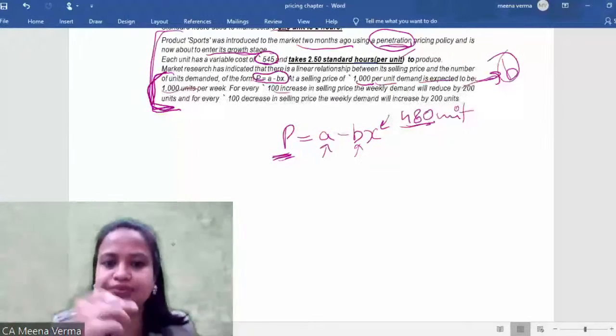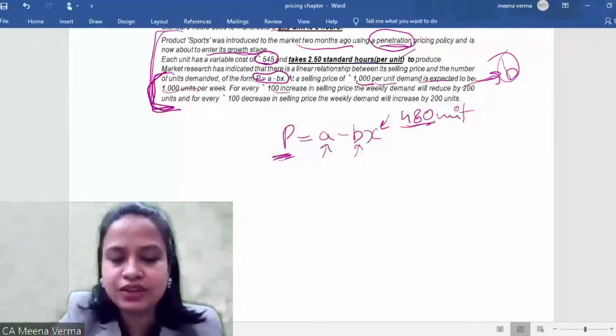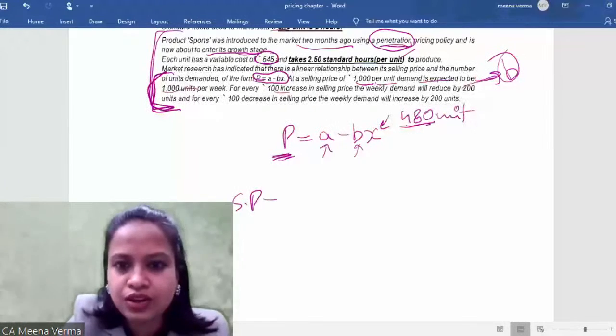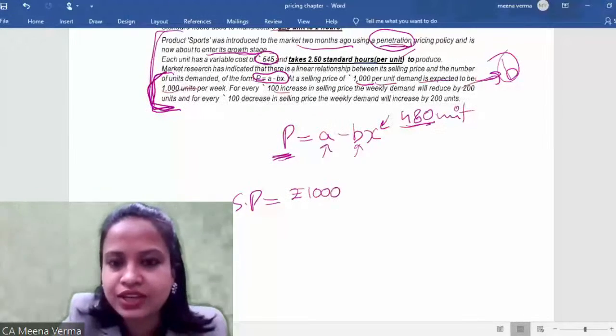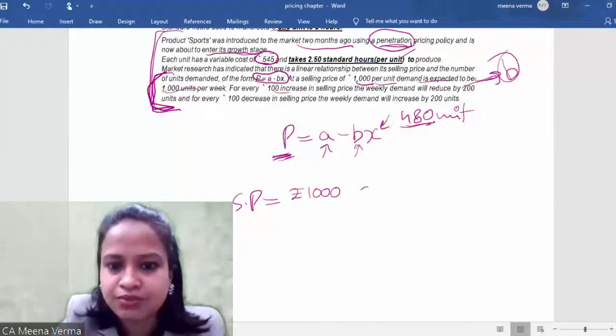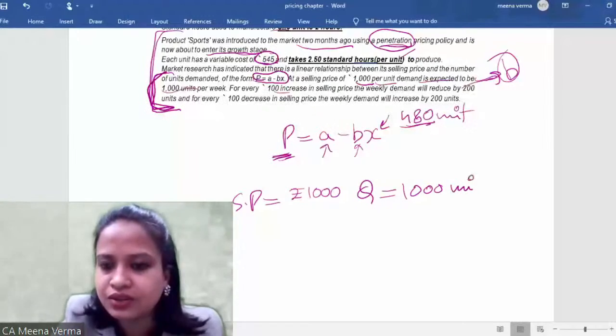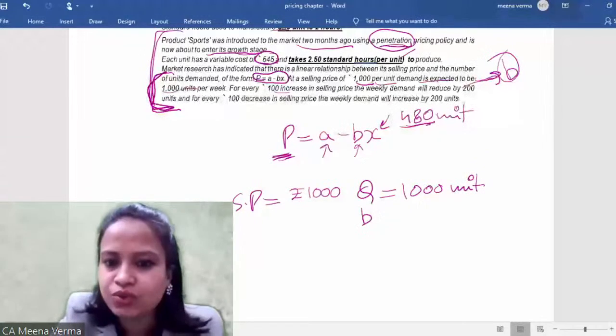How to find A? See, it is given here. If the selling price for the sport is rupees 1000, the demand, means the quantity, will be 1000 units, right? This is given to us. We know B is what?